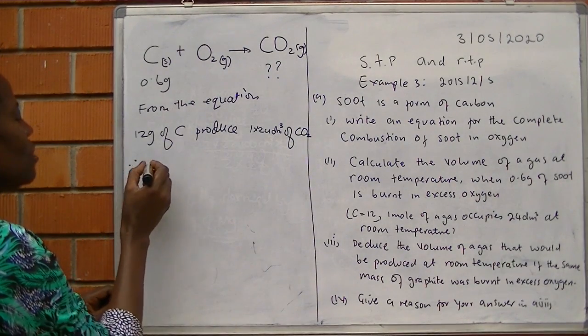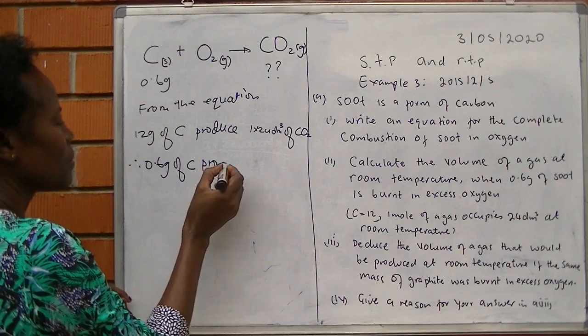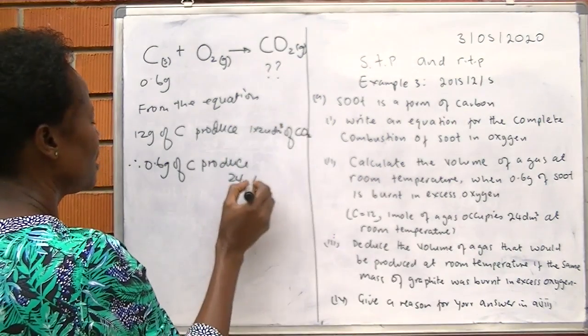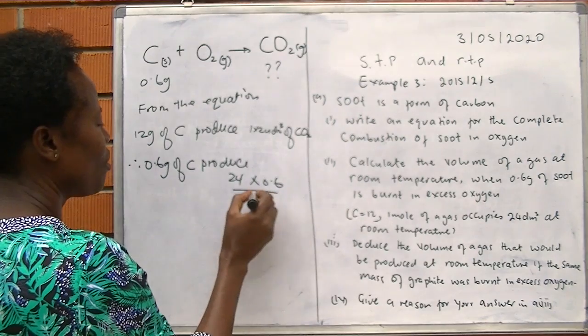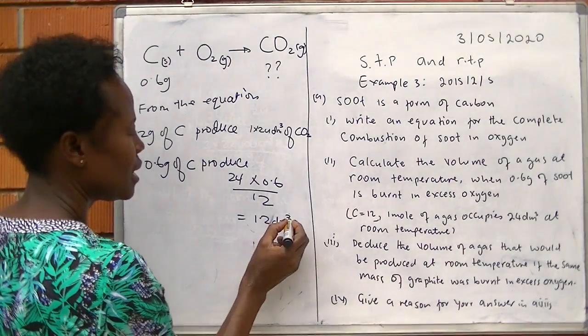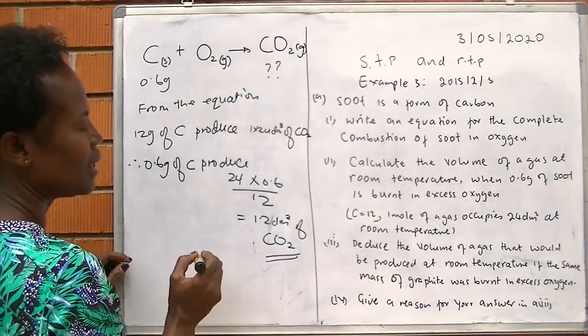What about 0.6 grams of carbon will produce? We cross multiply 24 times 0.6 over 12, which is equal to 1.2 cubic decimeters of carbon dioxide.